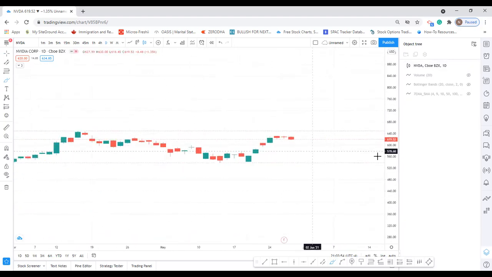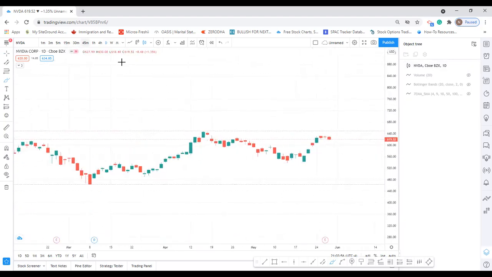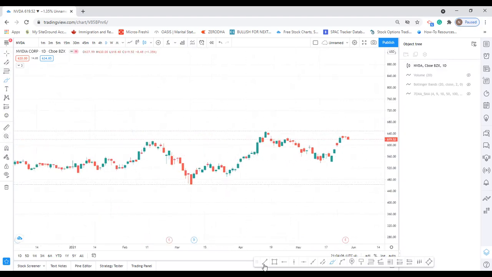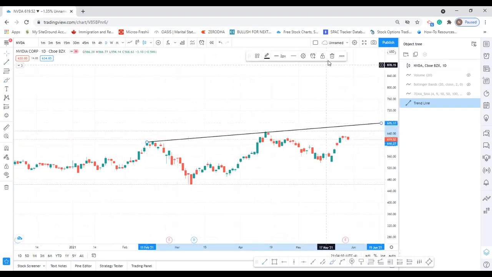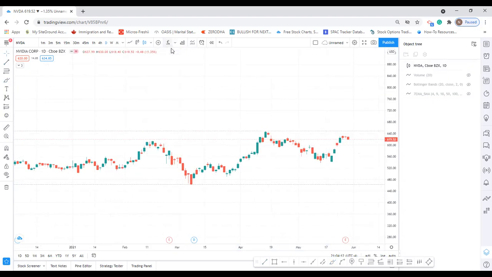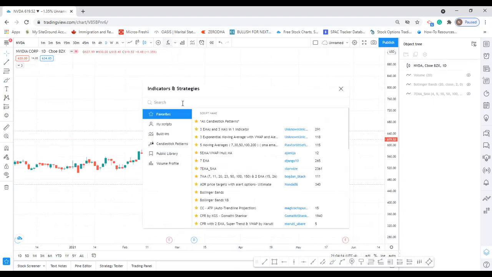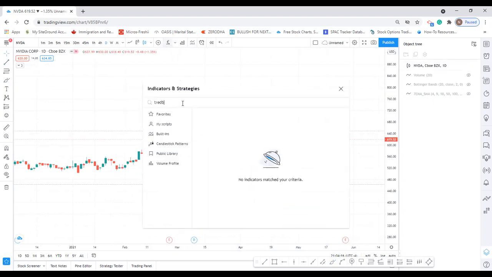You have to make it yourself. You will find the trend line tool on your TradingView software. I kept it here, and you have to manually draw it, or there is an indicator here as well. There is a trend line drawer, I think. I don't use it.